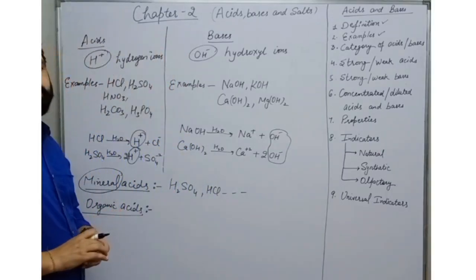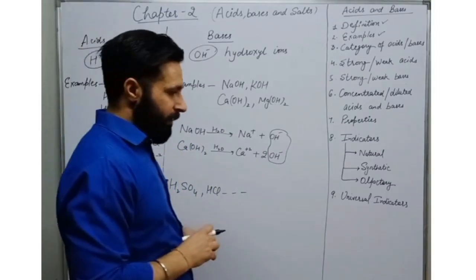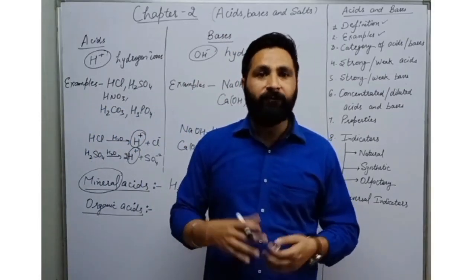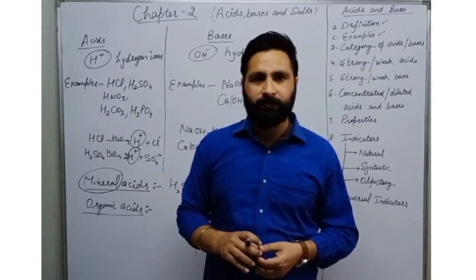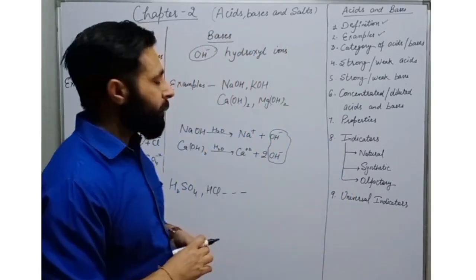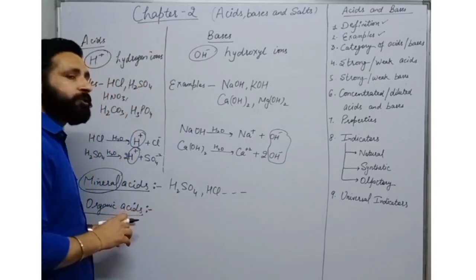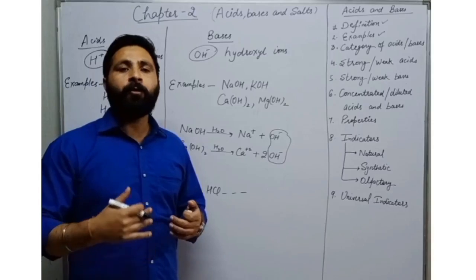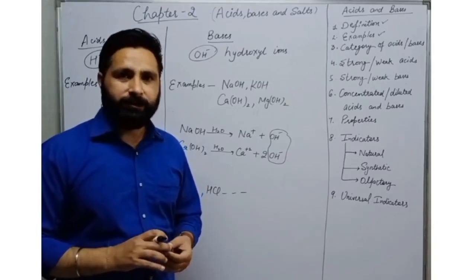Organic acids, like in lemon, tartaric acid is there. Vinegar used at home, that is also an acid. So they are organic acids, means which are prepared from plants or obtained from animals.